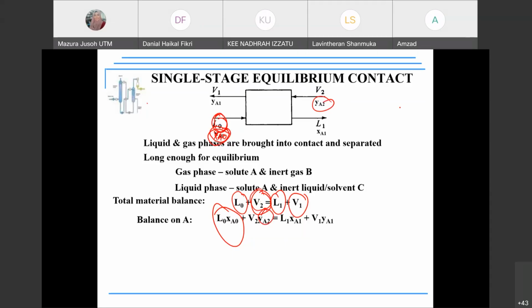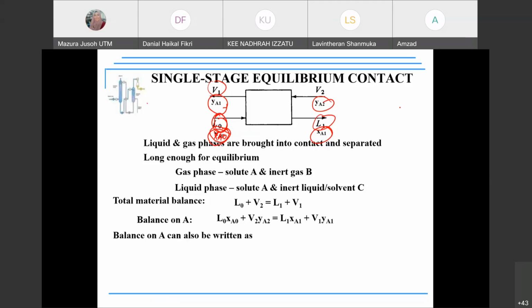Now you look at the outputs, which are L1 and V1. For L1, the mole fraction of A is XA1. And for V1, the mole fraction of A is YA1. So this is your material balance and component balance.